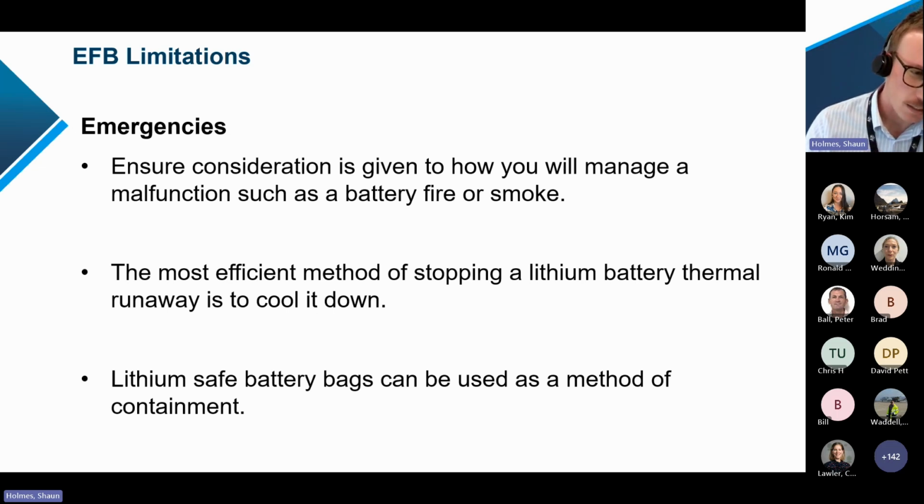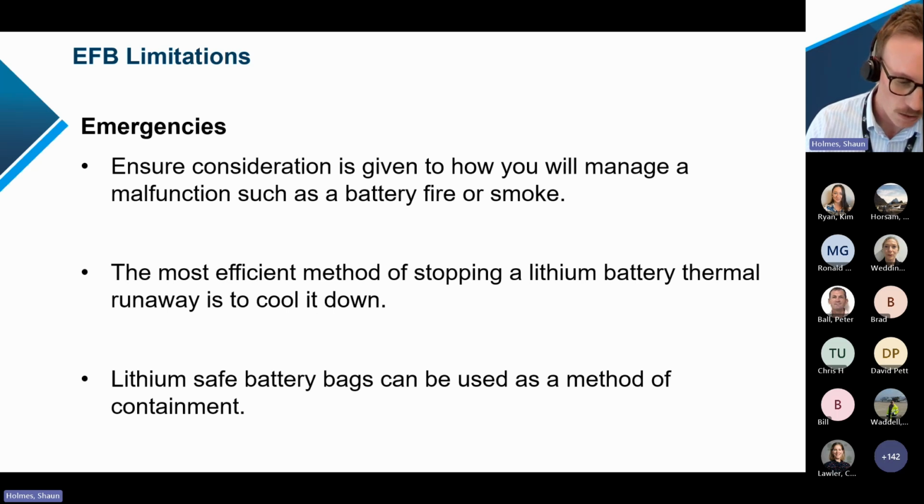Now, basic recommendations can be submerging the device in water. I understand that's going to be quite difficult to do when you're in the aircraft. So quite a handy way, and it's a method that we recommend in the AC, is looking at things like a lithium safe battery bag to contain it.